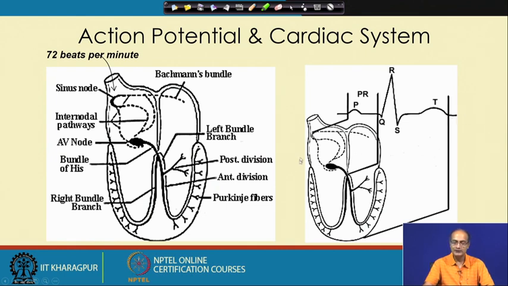Again, once the blood gets accumulated in the upper chambers, the atrium, the next cycle starts with the P wave. And one interesting thing we see is that this accumulation of blood takes a good amount of time.